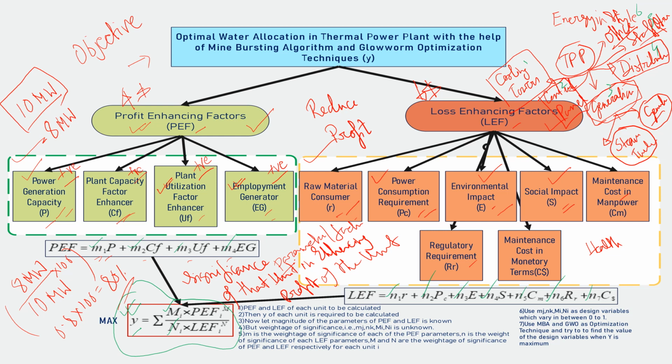You multiply big M with the corresponding PIF of that unit, and then you add the same for the other units. So big M represents the significance of unit I multiplied by the PIF of unit I, then plus the term for I minus 1 multiplied by the PIF of I minus 1, and so on. Similarly for the denominator also.